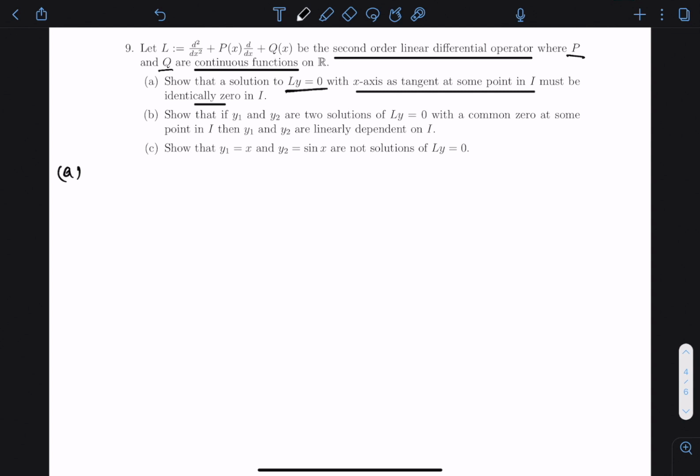This is something similar to what we have seen in the previous assignment when we did first order. We said if a function vanishes at one point, then it should vanish everywhere, right?